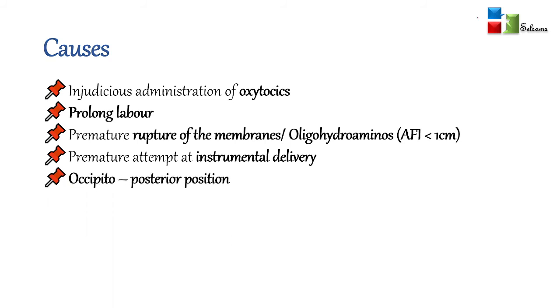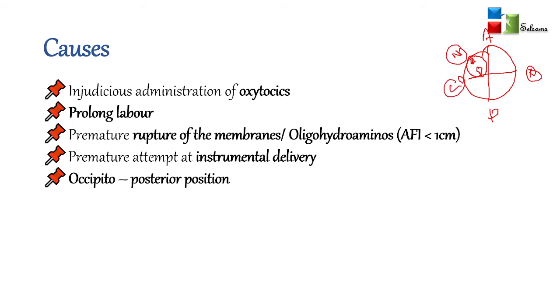Occipital posterior position. This is a pelvic brim. It is divided into anterior or posterior. Normally, this is a fetal skull. The posterior part is a triangular fontanelle, and the anterior part is a diamond-shaped fontanelle. This is supposed to be the normal position, left or right, whatever it is.